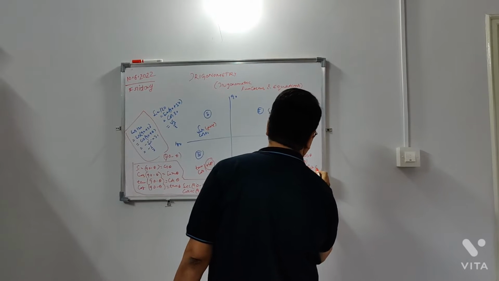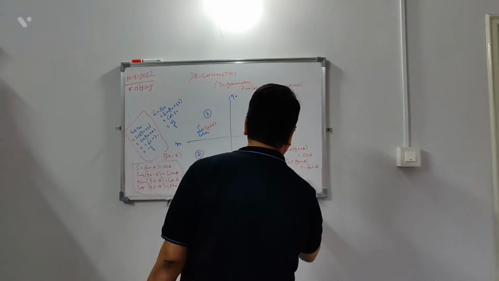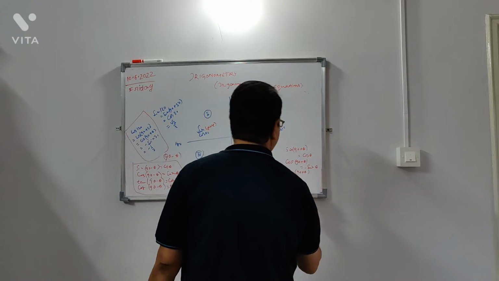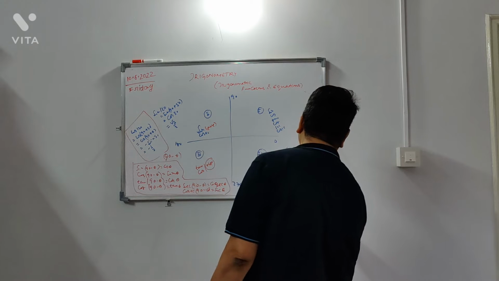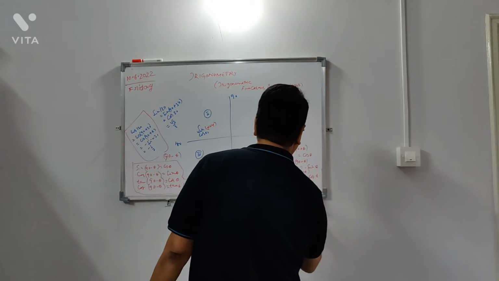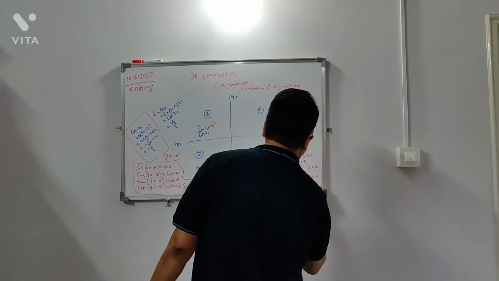One to be noted. Then tan 90 plus theta is equal to minus cot theta. Everything else is negative. Cot 90 plus theta is equal to minus tan theta.